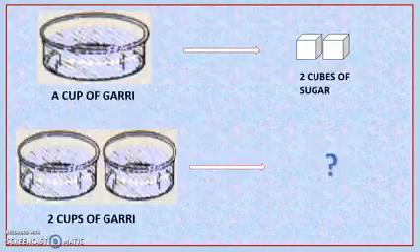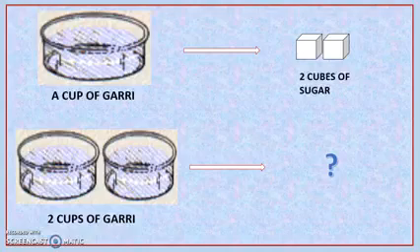While growing up, my mom used to ration the ratio of gari and sugar. If you want to take gari, the Nigerian gari, normally she will bring one small cup in our house and 2 cubes of sugar, and say that if you have to take 1 cup of gari, you will require only 2 cubes of sugar.